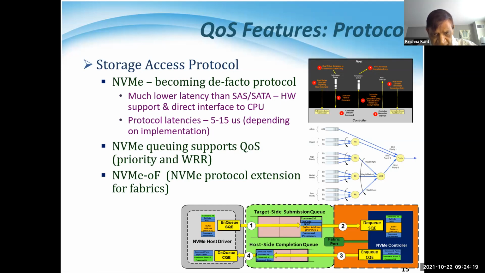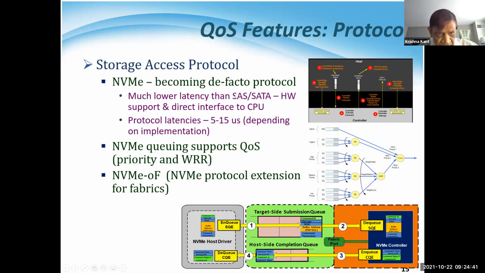So what are some of the features in going end-to-end that are relevant from a QoS perspective? One of the most important ones, of course, is the storage access protocol.